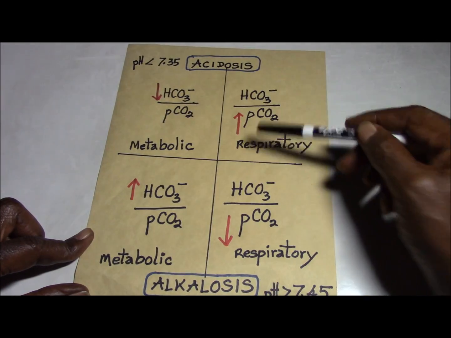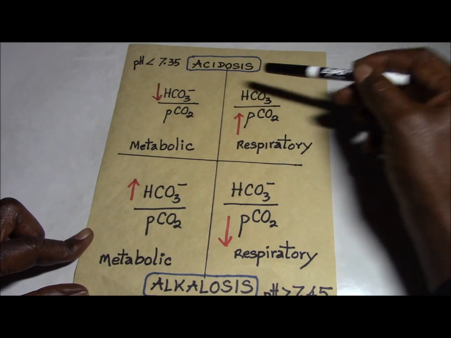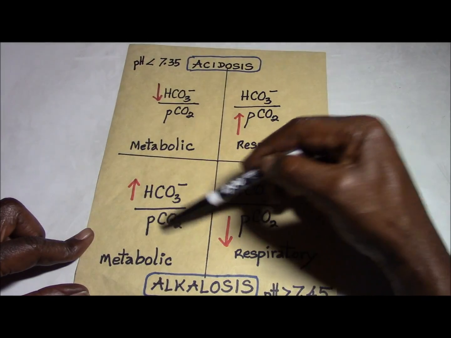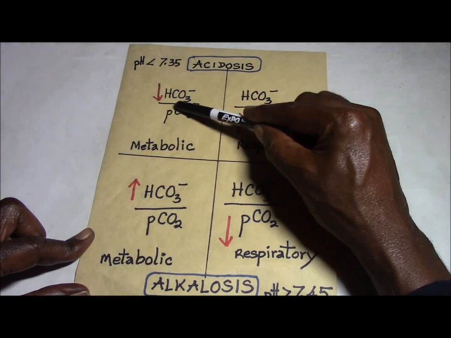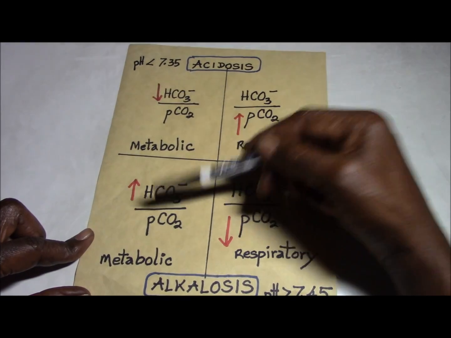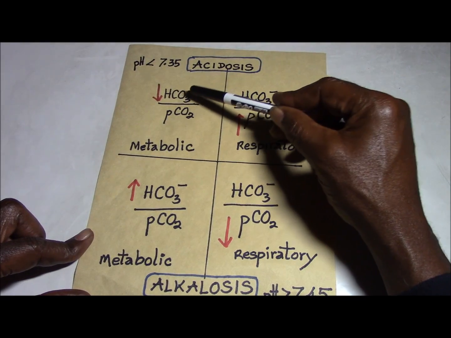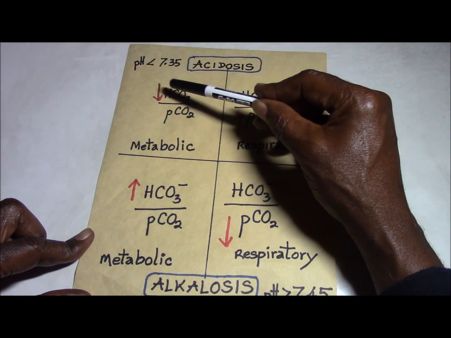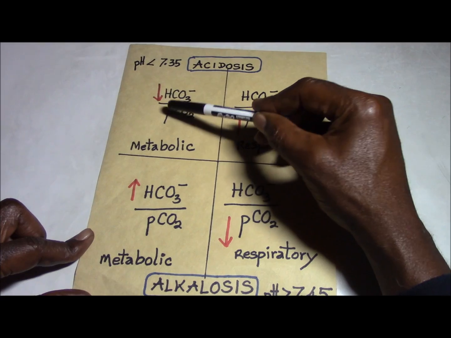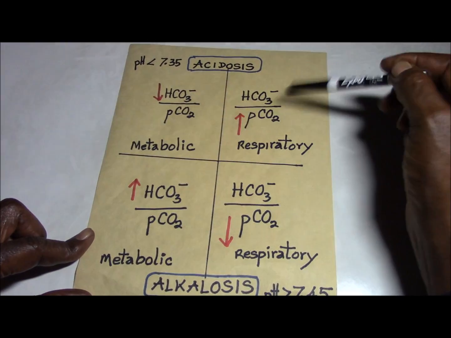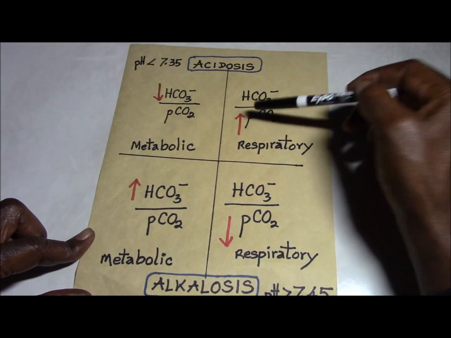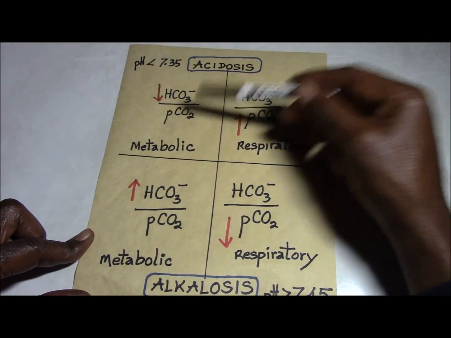That is the beauty of this table. And in each of these, I call them quadrants: first quadrant, second quadrant, third, fourth quadrant. In the first quadrant here, you find the same ratio, bicarbonate and the partial pressure of carbon dioxide. That is repeated in each of these.